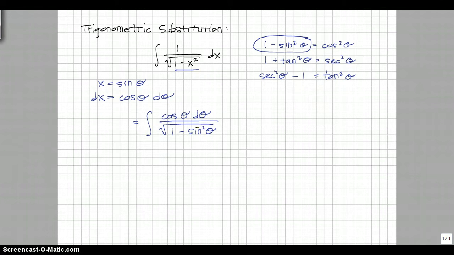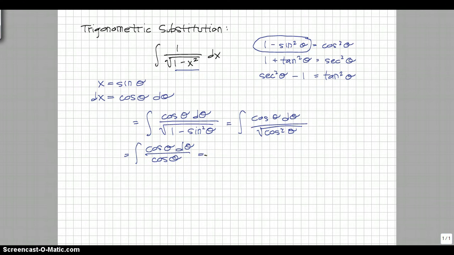And now we're ready to use the Pythagorean identity that we set this up for. This is going to be equal to the integral of cosine theta d theta divided by the square root of cosine squared theta. And simplifying further, we get the integral of cosine theta d theta over cosine theta.